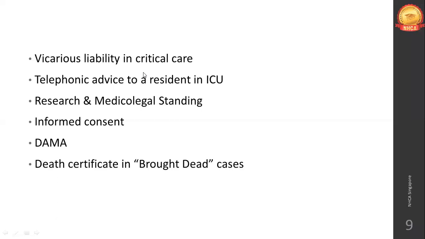Then death certificate in brought-dead cases. It's not uncommon in emergency rooms; you will get a lot of brought-dead cases. The patient will be brought dead, and the attendants will be forcing the doctor to give a death certificate. A routine death certificate is issued only by the registered medical practitioner who has attended the last stages of the patient's life.